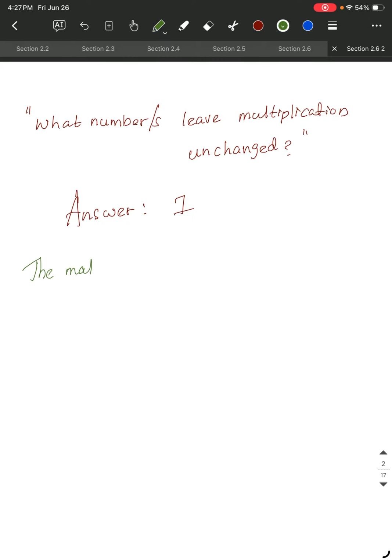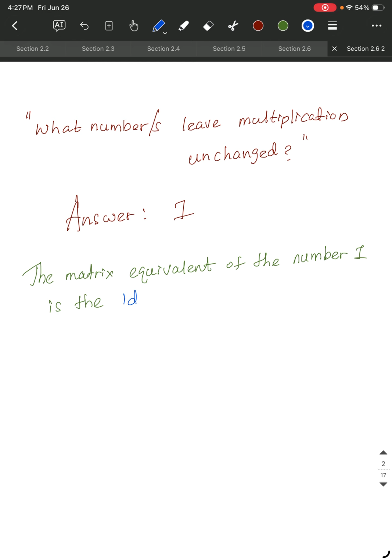The matrix equivalent of the number 1 is the identity matrix.